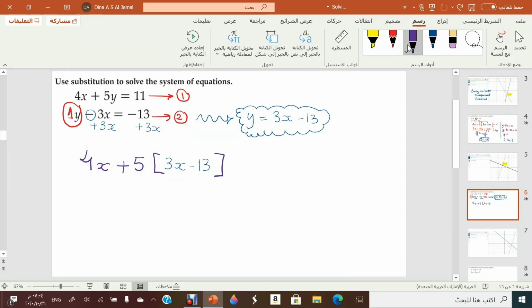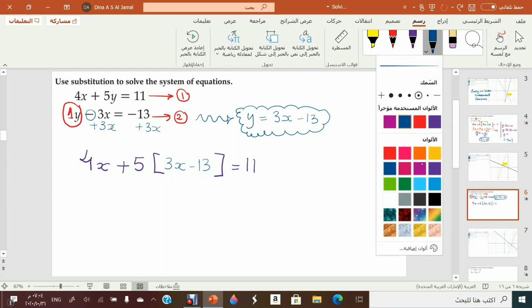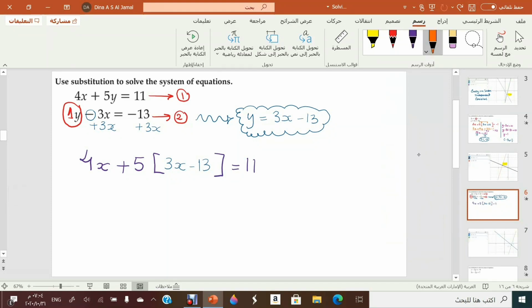Close the brackets and put the 11 as it is. And as we did previously, all you need to do is the distributive property. So 4x plus 15x minus 65 is equal to 11.